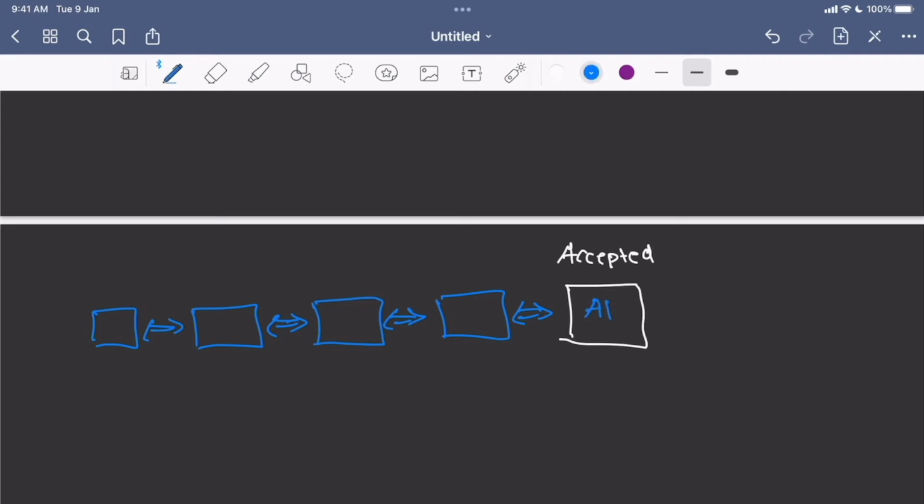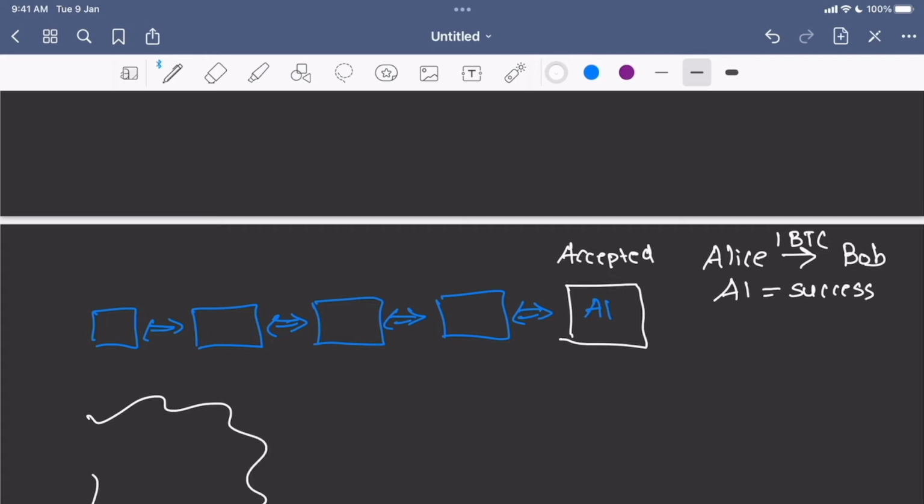So A1 is now confirmed and processed. So what this means is Alice transferred one Bitcoin to Bob. This A1 is success now. Now meanwhile in the mempool, we still have A2 and some other transactions which were not picked up, pending.